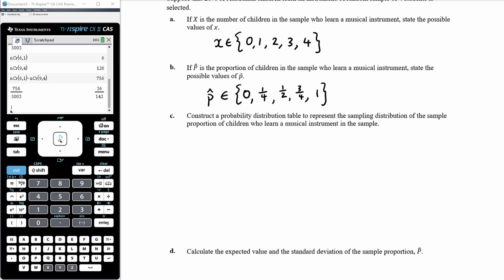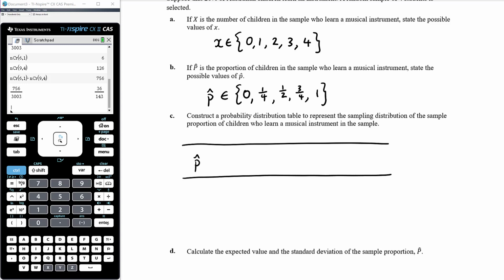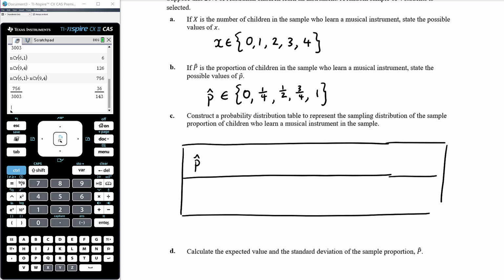So construct a probability table to represent the sampling distribution of the sample proportion of children who learn a musical instrument in the sample. Okay, so we want p hat, and then we want the probability that p hat equals p hat.